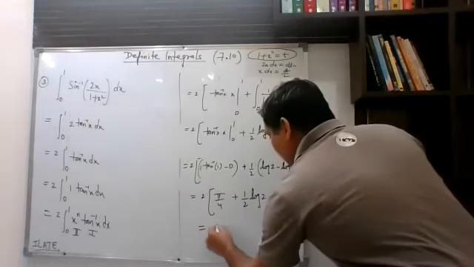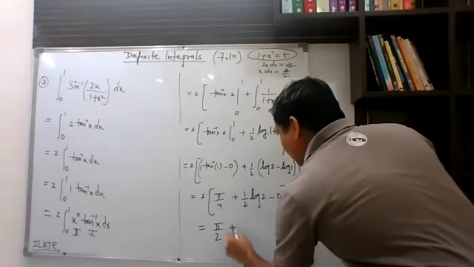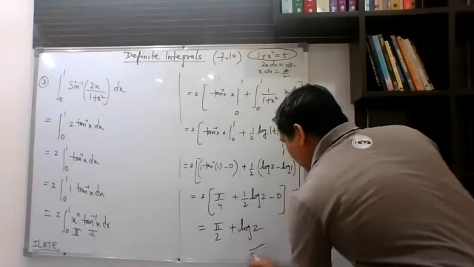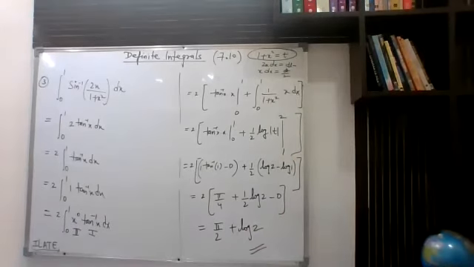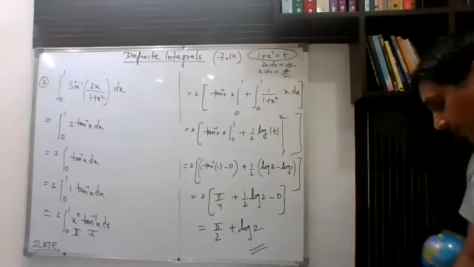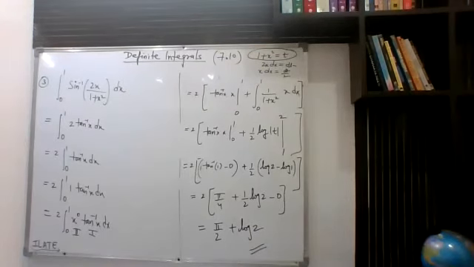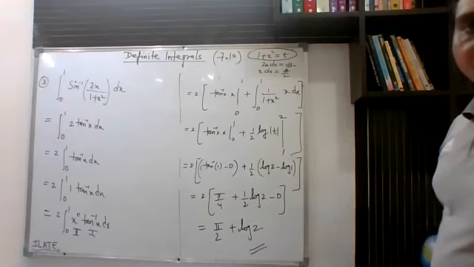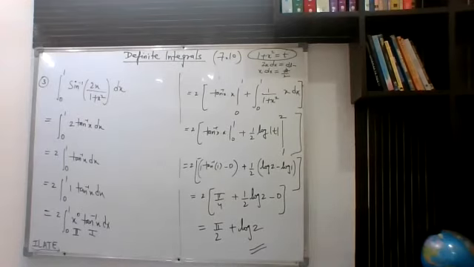So this will be equal to pi by 2 plus log. This will be our final answer. So you can just write down this. So we are doing this question by integration by parts.